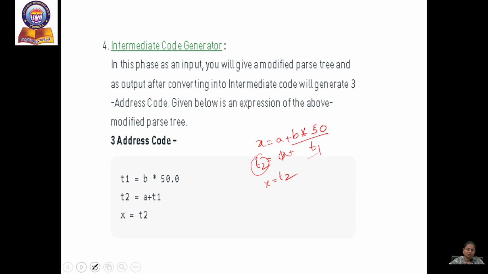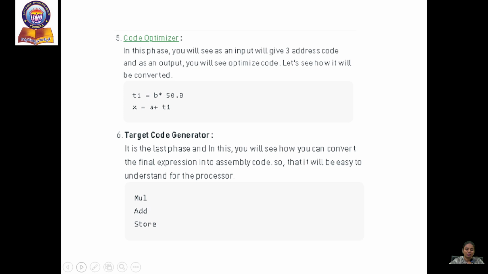For this address code, if any code optimization is necessary, then it is going to be done. You can see here in the code optimization, in the 3 address code generated for x is equal to a plus b into 50, we have taken t1 is equal to b into 50.